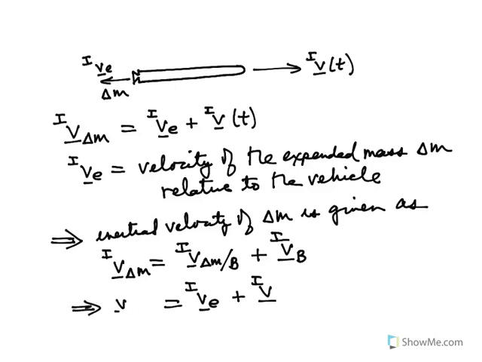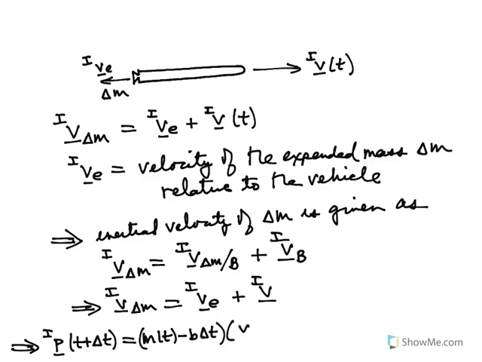So once again, we've confirmed that this is the velocity of the expended mass, which gives us that the linear momentum at time t plus delta t can now be written as m of t minus b delta t times vi plus delta vi, and then we have plus b delta t times VEI plus vi of t.